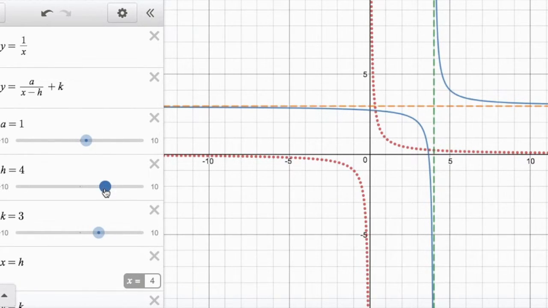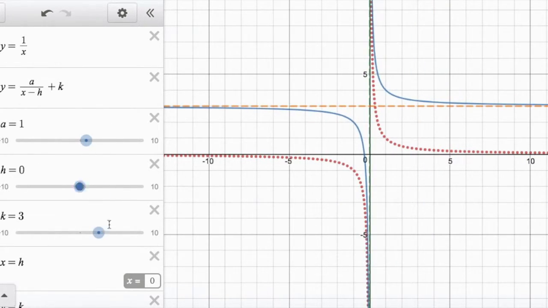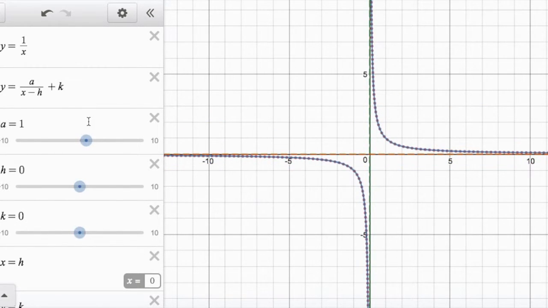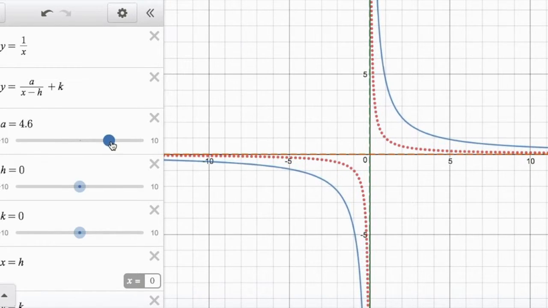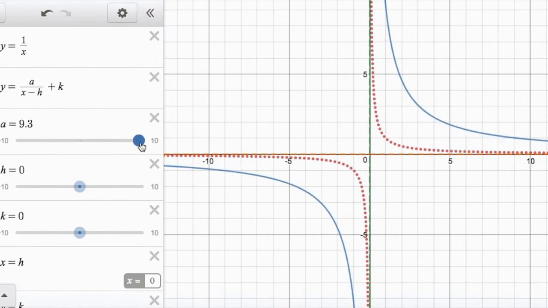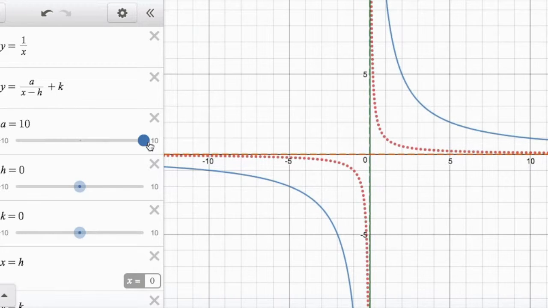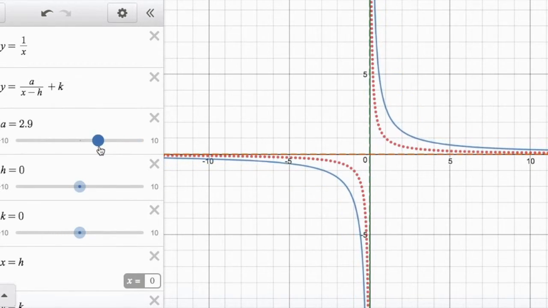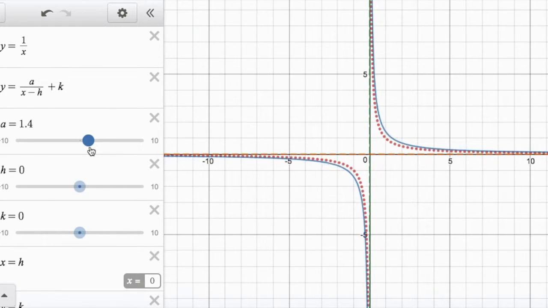Let's bring these back to 0 and have a look at what happens with a. As a gets bigger, the lines get further apart. As a gets smaller, the lines get closer and closer to the x and y axes.